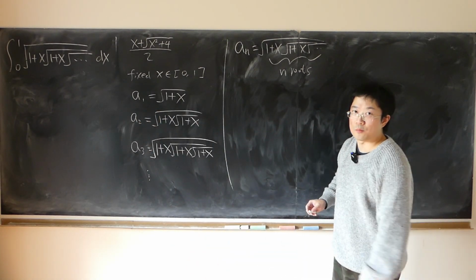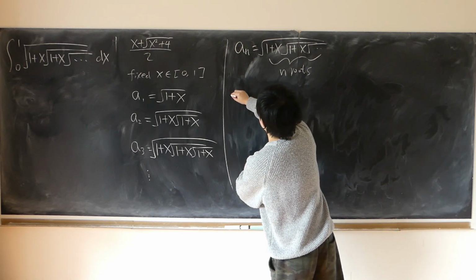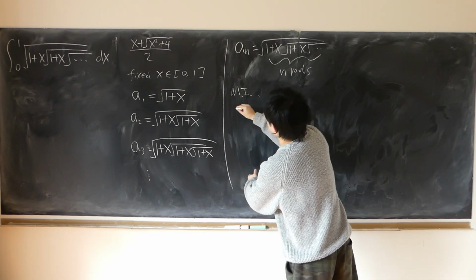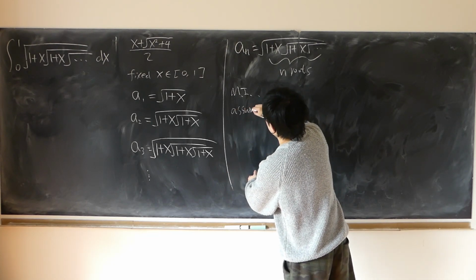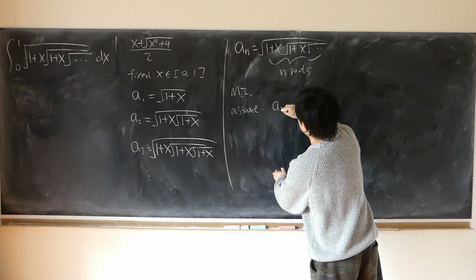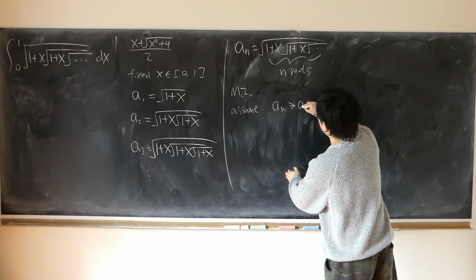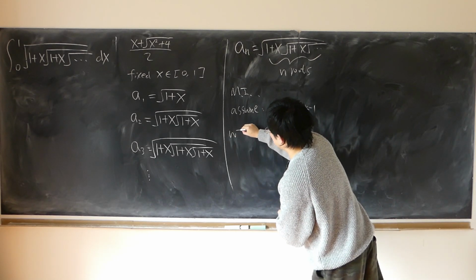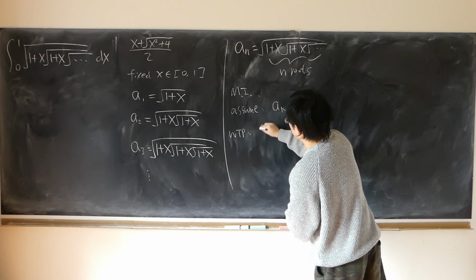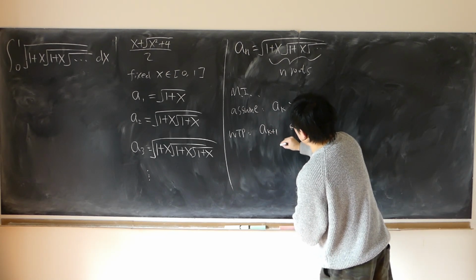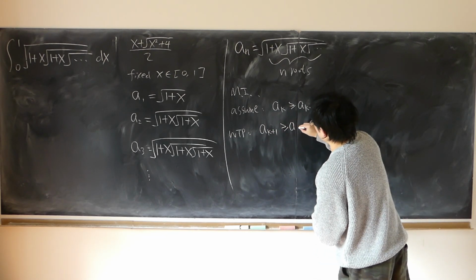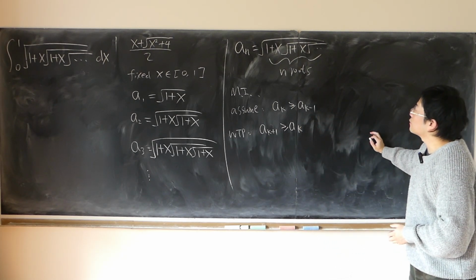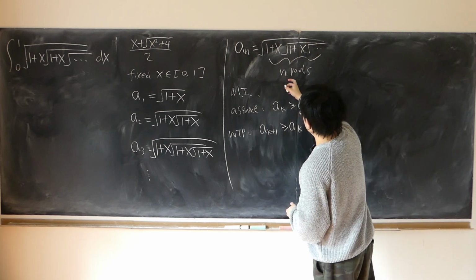Now we use mathematical induction. We can assume now that ak is bigger than ak minus 1. Now we want to prove that ak plus 1 is bigger than ak. So an means we have n roots.